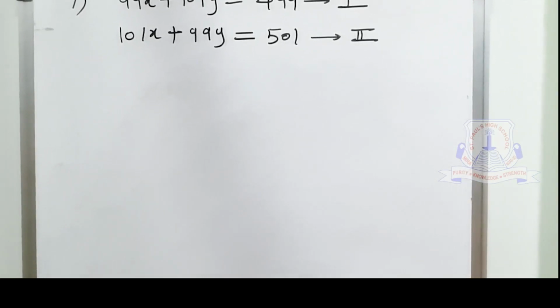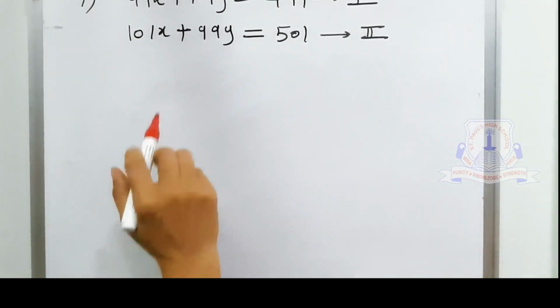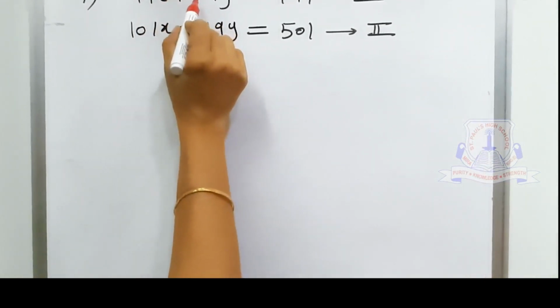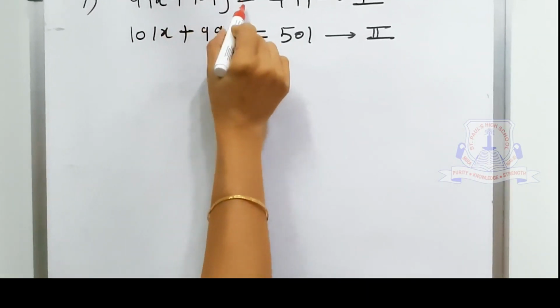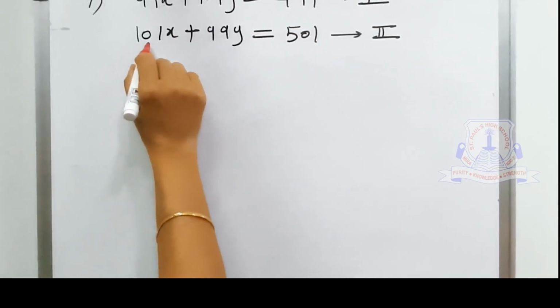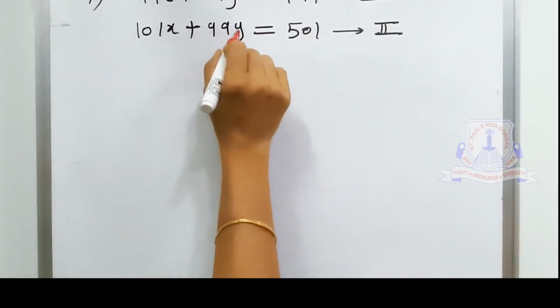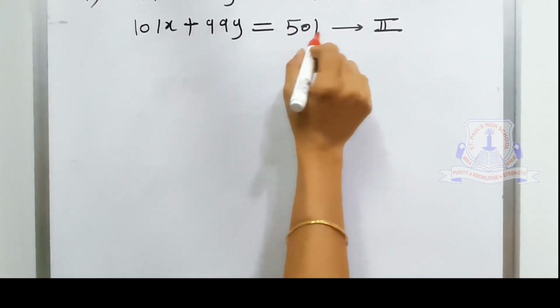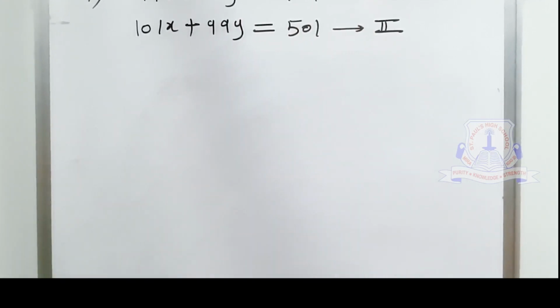Okay students, this is the 7th question. 99x plus 101y equal to 499, equation number 1. 101x plus 99y equal to 501, equation number 2.